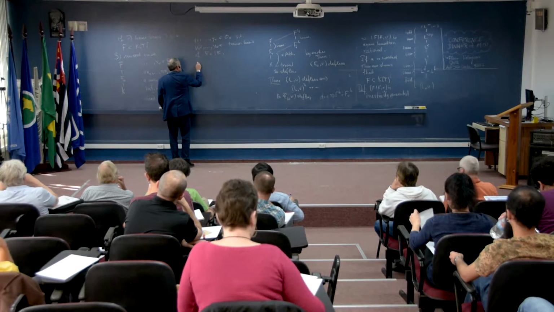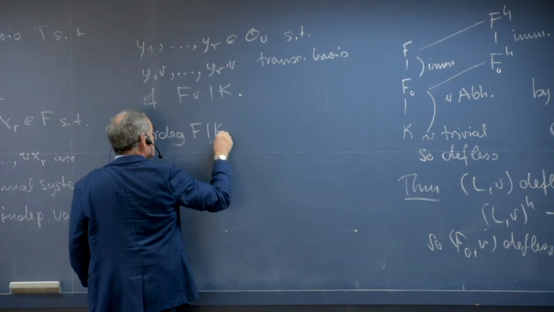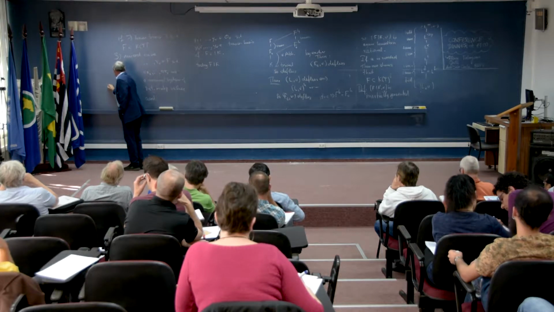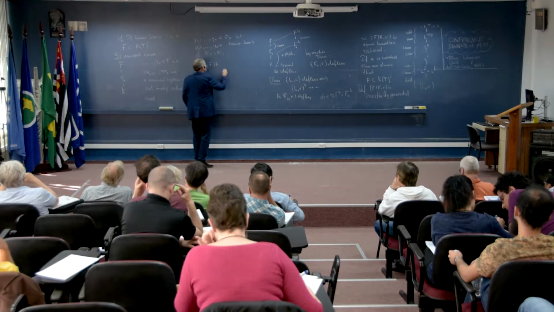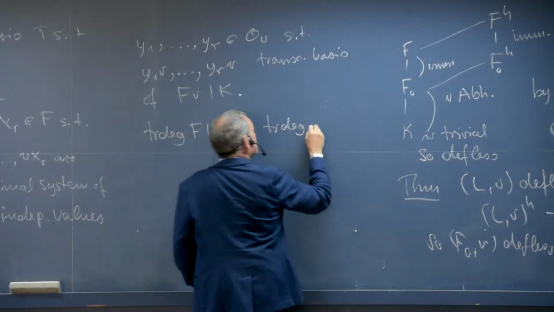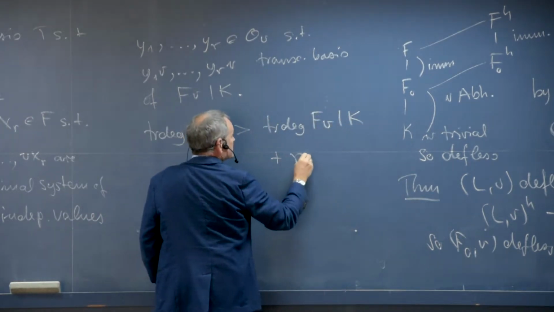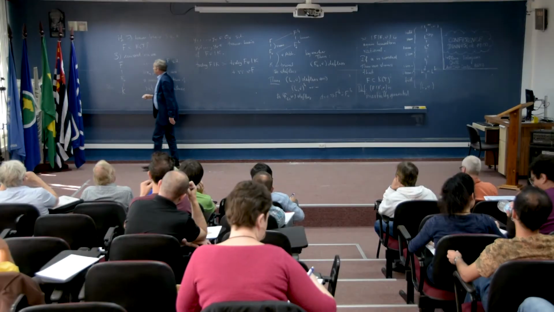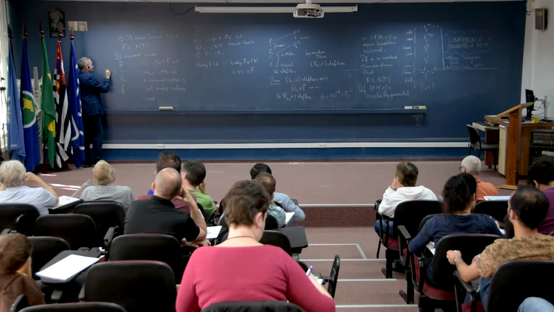But now in the Abhyankar inequality, the mixed case means that, well, here we have an Abhyankar valuation, but if the whole thing is not Abhyankar, then we have bigger than the transcendence degree of Fv over k plus the rational rank of V of F. So that means the bad case, the mixed case, is where this is still transcendental.